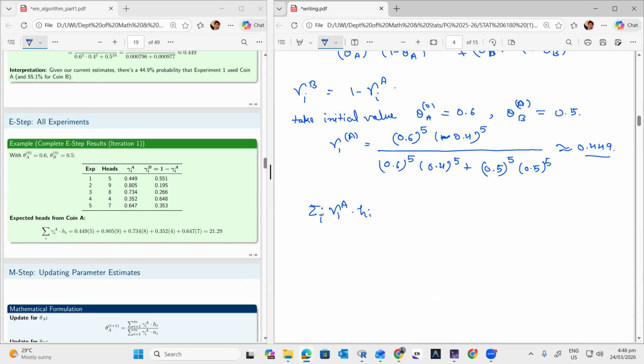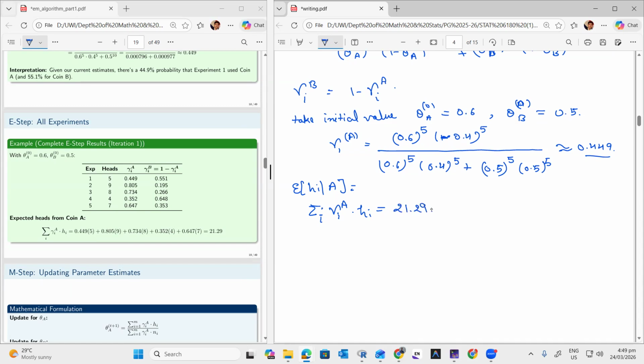That is the expected value of Hi for the given coin A. And it will be 0.449 into 5 heads, plus 0.805 into 9, plus 0.734 into 8, plus 0.352 into 4, plus 0.647 into 7, which equals 21.29.